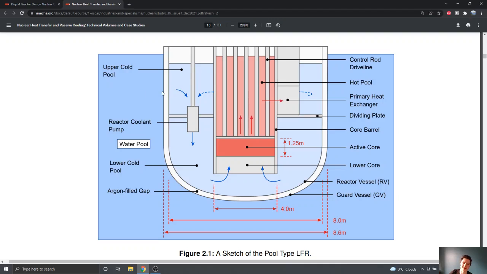So that heat is actually going to make its way out through the sides, through the reactor vessel and the guard vessel, into the swimming pool. You can imagine that then this whole thing is sitting in a swimming pool. The swimming pool is going to start steaming and start boiling eventually, as all of this heat from the nuclear reactor is going to be leaking out into the swimming pool.